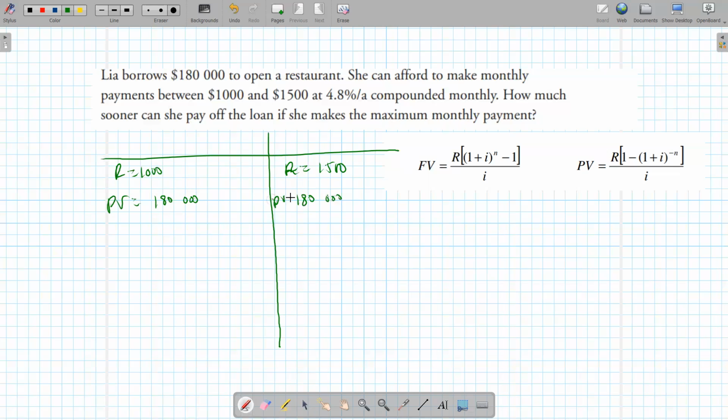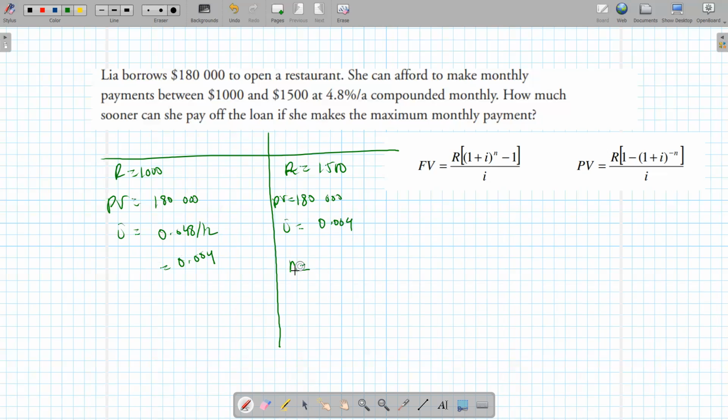What about the i? 0.048 divided by 12. That's right. That gives 0.004. Same thing here because it's the same rate.